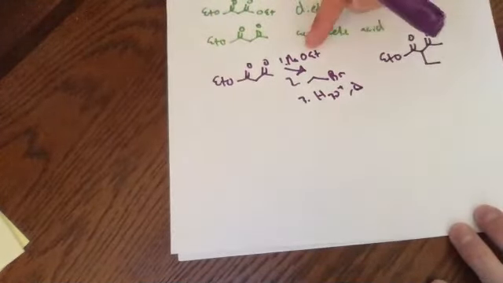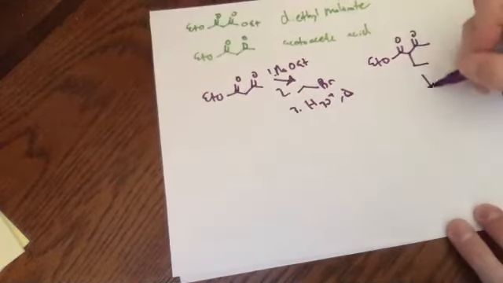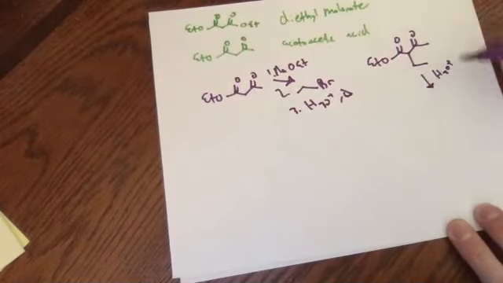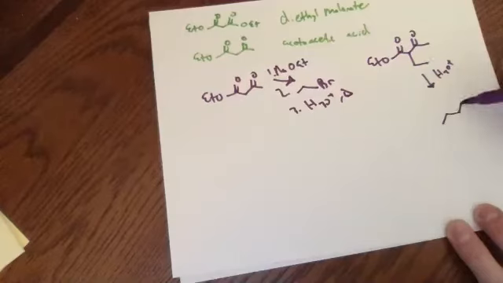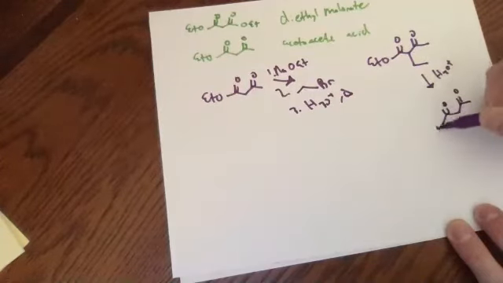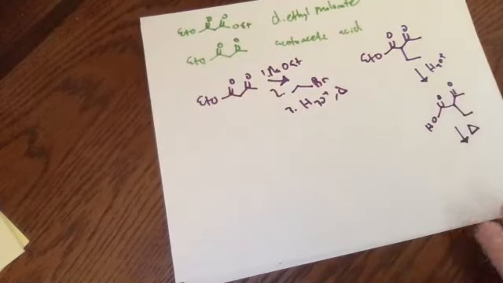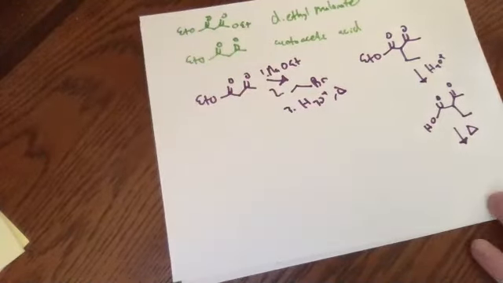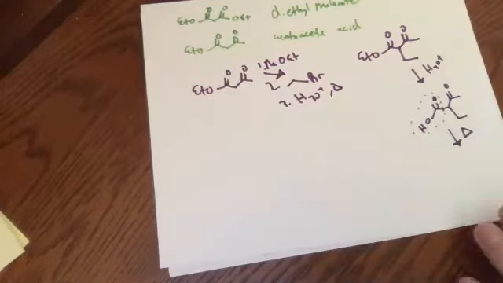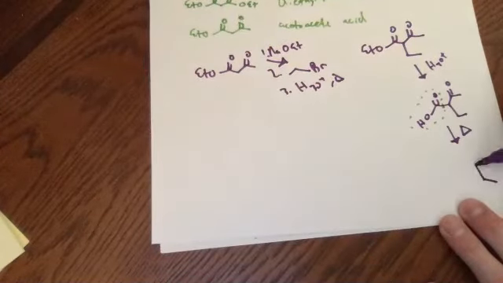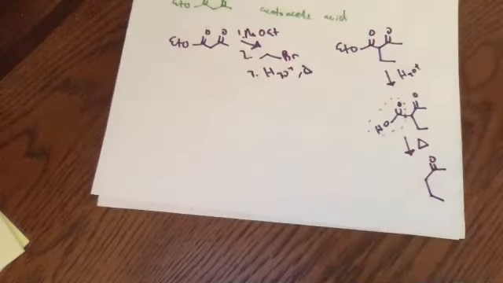So from our deprotonation and alkylation, we'll get to here, adding an H3O+ will let us remove this ester into a carboxylic acid. And then heat will let us decarboxylate to form our ketone.